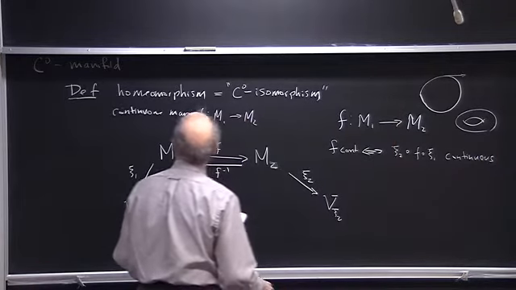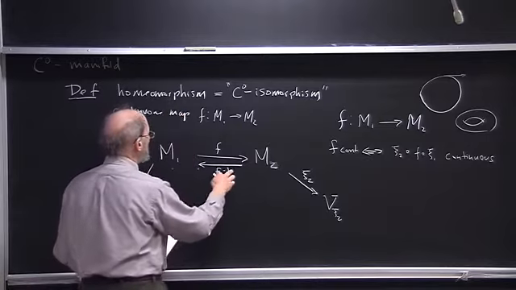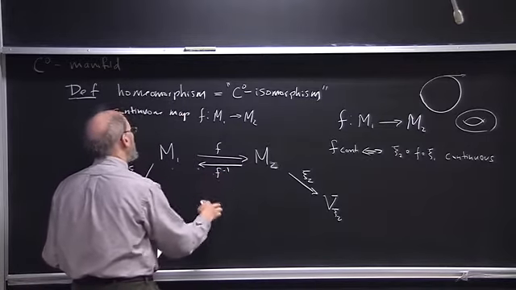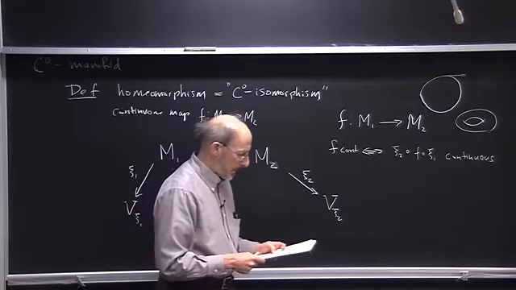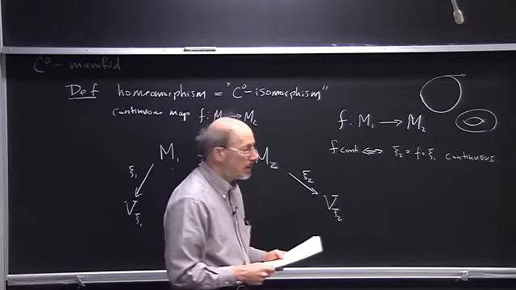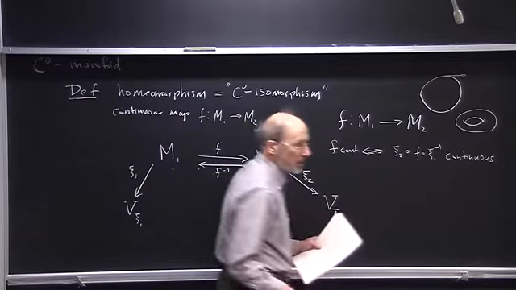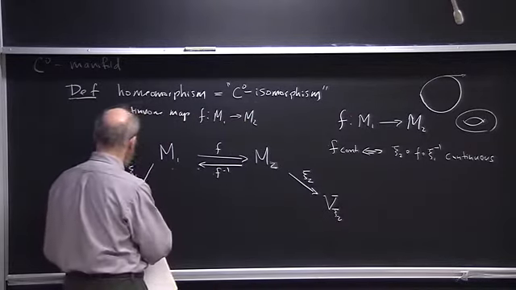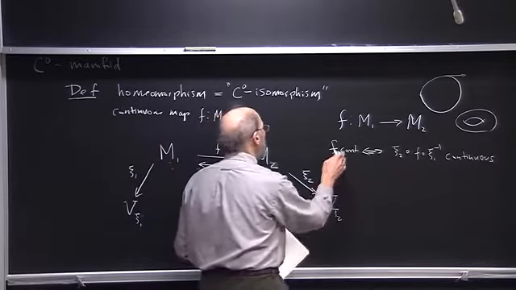And then F is a homeomorphism if and only if it has an inverse, and its inverse is also continuous. Something's wrong with the compositions of those. Oh, C1 inverse is that thing. It should be C1 inverse.